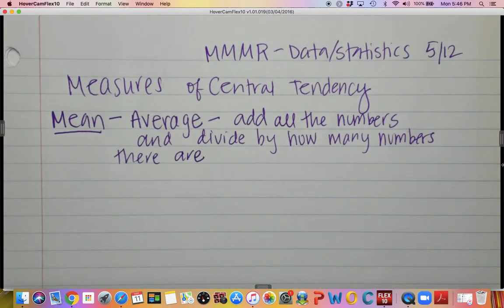That's how you find the mean. And then whatever you get when you divide, that's your number. And your number might be a decimal. It might be a fraction. Sometimes that will happen when we're analyzing data. All right.